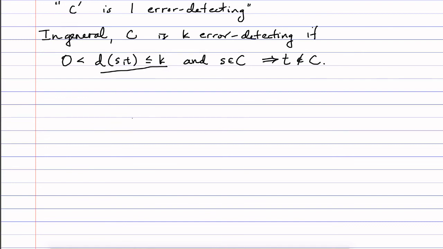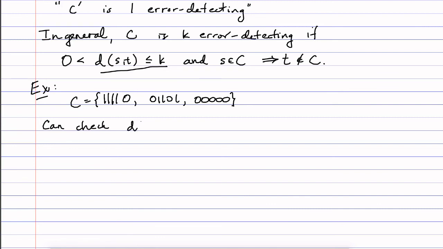So let me give an example of something that's k error detecting where k is bigger than 1. So example, let's try this code. C is 1 1 1 1 0, 0 1 1 0 1, and 5 zeros. Now what you can do is check that the distance between any two s and t in this set is bigger than or equal to 3.